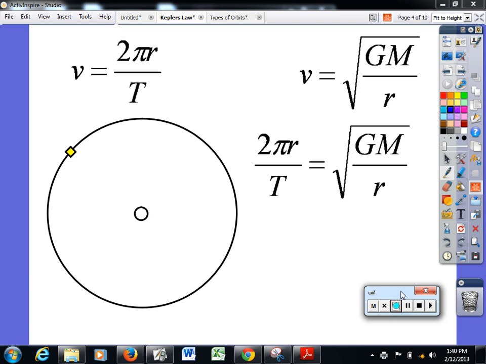last lesson, or the lesson before, we derived this formula. Does anyone recognise it? It's the orbital velocity formula. Good. And the orbital velocity formula was found by equating centripetal force and gravitational force. Okay? And I'm not going to rehash that.